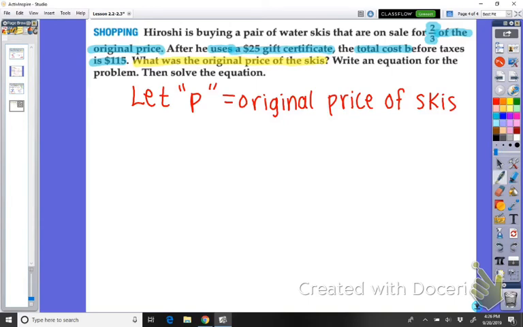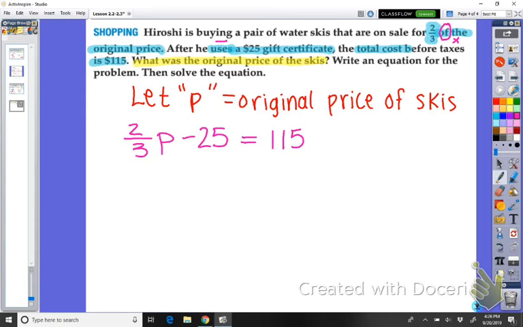We know that "is" in math means equal, so it should be equal to $115. 2/3 of the original. Of means multiplication. I don't know the original price, so it's going to be 2/3 P. If he uses a gift card, that's going to decrease the amount that you're paying, so we're going to subtract 25.